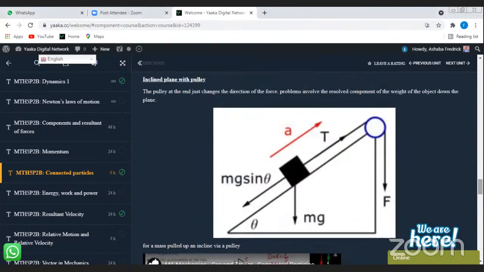Okay, for the minutes, let me explain connected particles on an incline, and then I'll send you some work to do later.